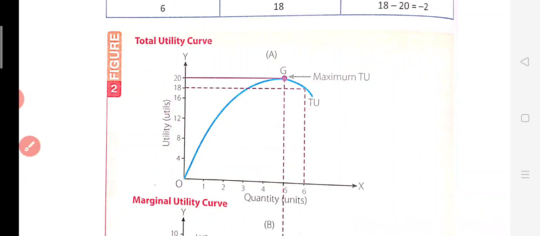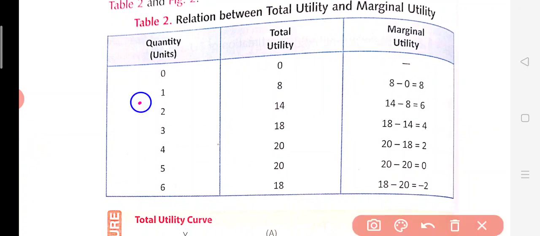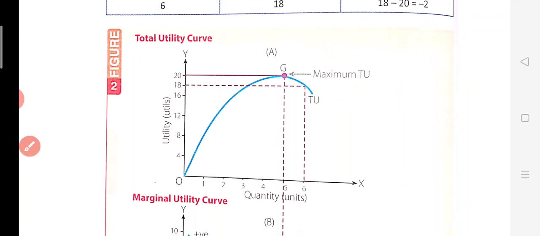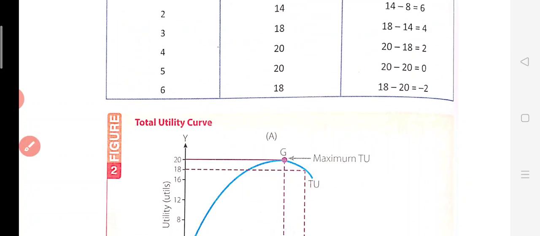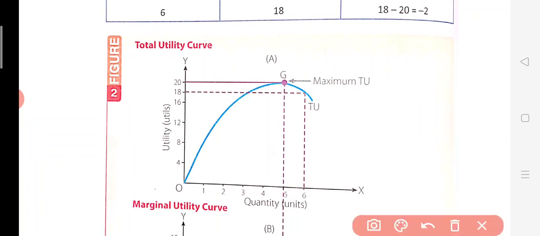Now when the first unit was consumed here, what was the total utility? It was 8. At second it was 14. So here what is happening? When the first unit was consumed, it was 8 here. Then at second it increased, right? At second it was 14 because 6 marginal utility got added.